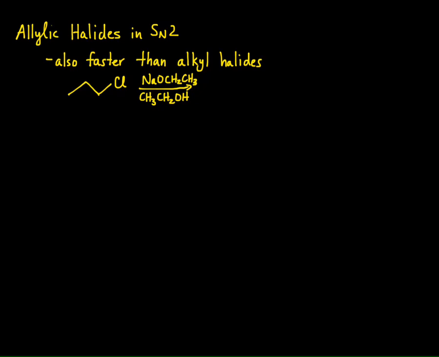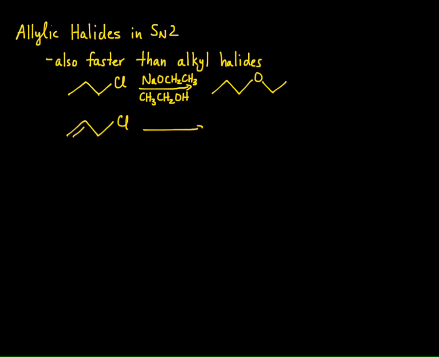In SN2 substitution, the ethoxide attacks the carbon and chloride comes off at the same time, and I produce an ether. Based on the SN2 mechanism, this is a relatively fast reaction.